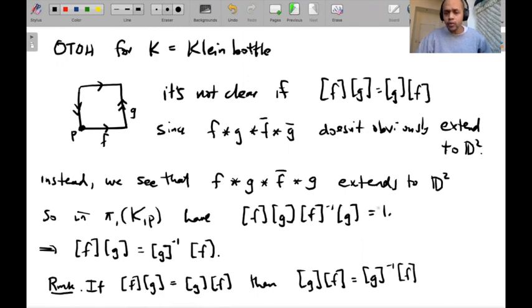But this is a group, so you can multiply by inverses. So we can cancel these F's, and G is G inverse. But that's the same thing as saying G squared is the identity element of the fundamental group. So if both of these relations are true, then this G element has order 2.